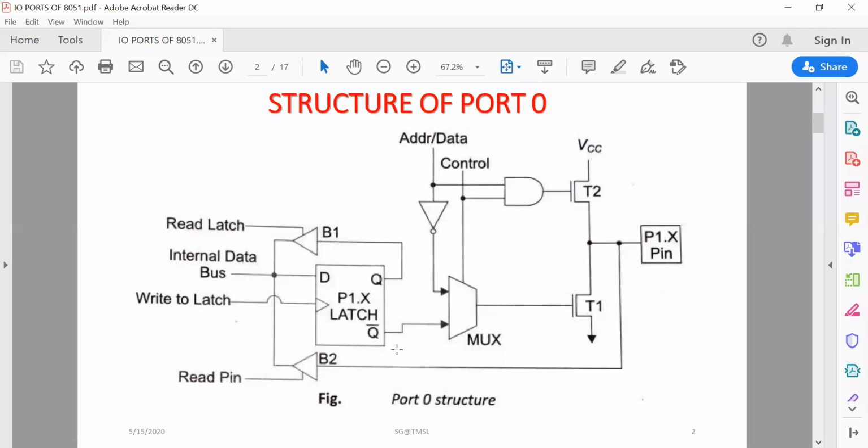Now this Q bar will be connected to the gate of T1 through a multiplexer. When the port is used as an input or output, the internal control signal will be 0 and connects this Q bar to the output of the 2 to 1 multiplexer here.